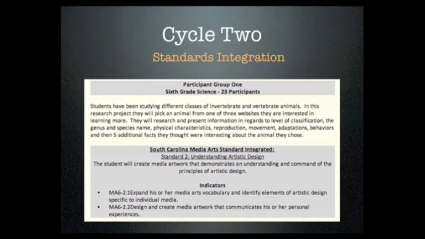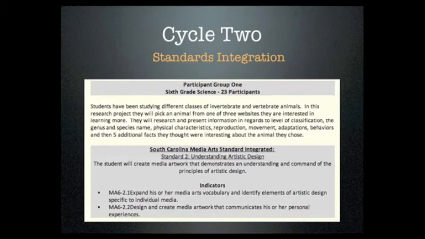As you can see, they've been studying different types of invertebrate and vertebrate animals. So they're going to pick one. They did a web quest, and then they're going to present their information. There are different identifiers, specific things they had to identify, such as adaptations, movement, physical characteristics, and 5 facts that they thought were interesting. So we used Standard 2 here.